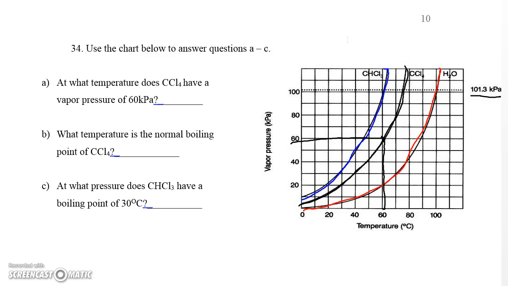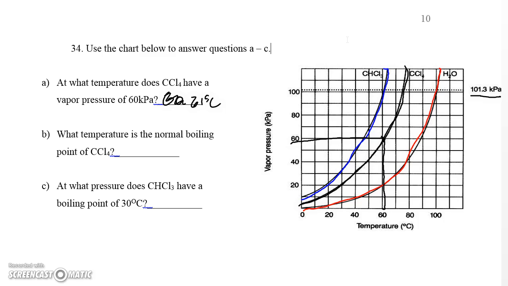It looks like it's going to be just slightly above 60 or so. I think on my answer key, I put like 57, and that's not right. I think I went the other way. So it looks like maybe just a touch over 60, maybe 61 or so degrees Celsius.